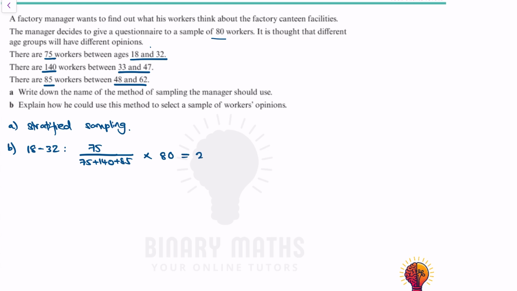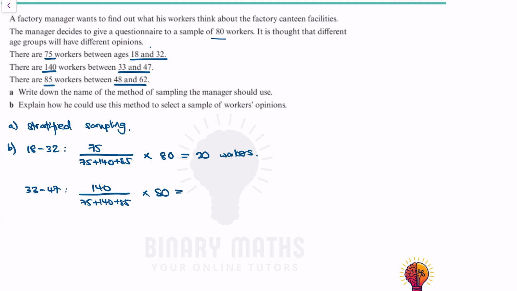So we get 20 workers when we put that into our calculator. From the 33 to 47 category, we've got 140 of them out of a total of 75 plus 140 plus 85, and times it by the sample size to give me how many people I need in the sample.